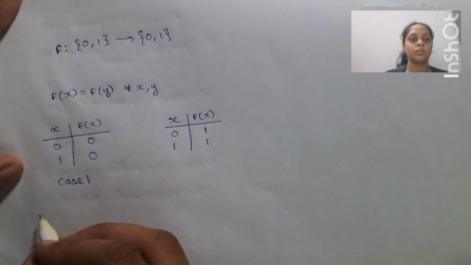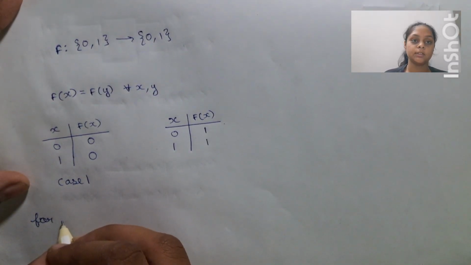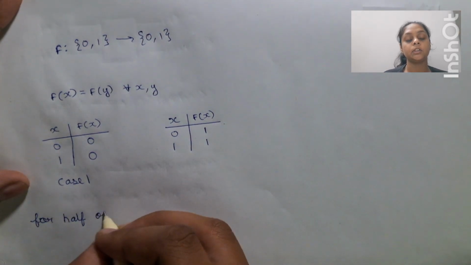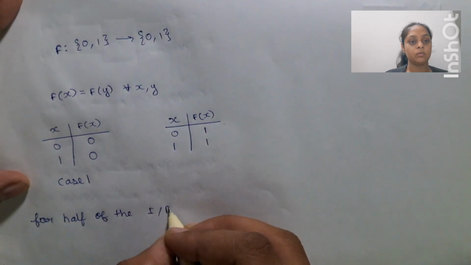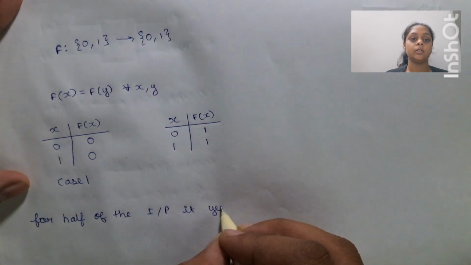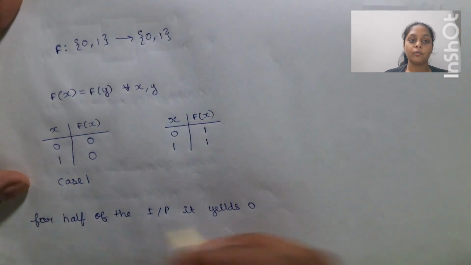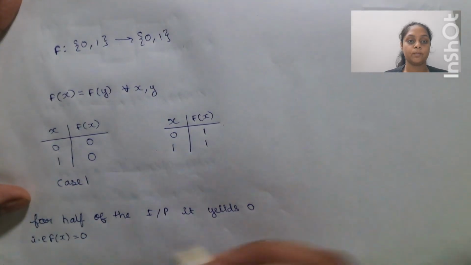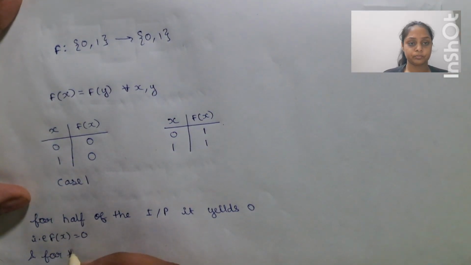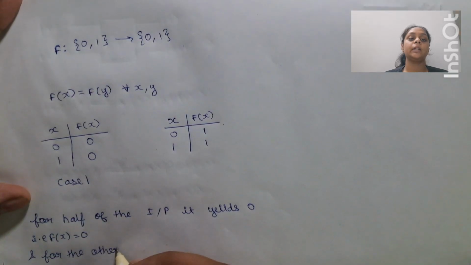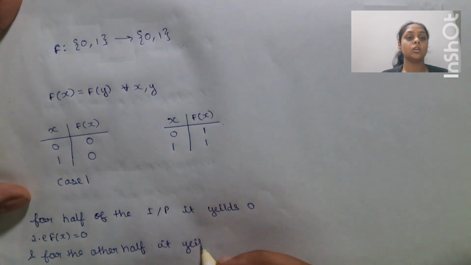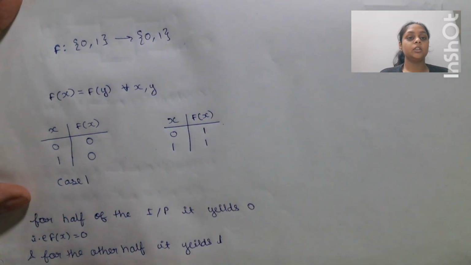That is, for half of the input it yields 0, that is f(x) is equal to 0, and for the other half it yields 1, that is f(x) is equal to 1.